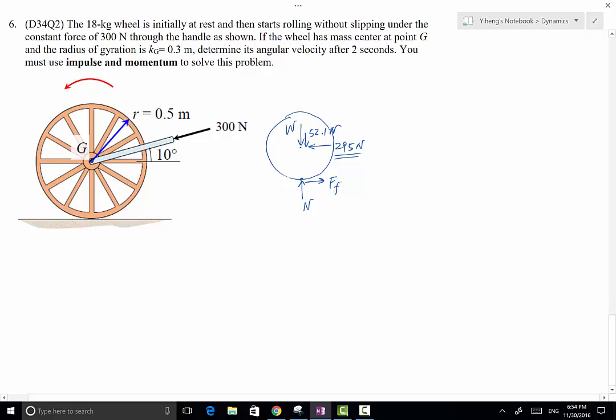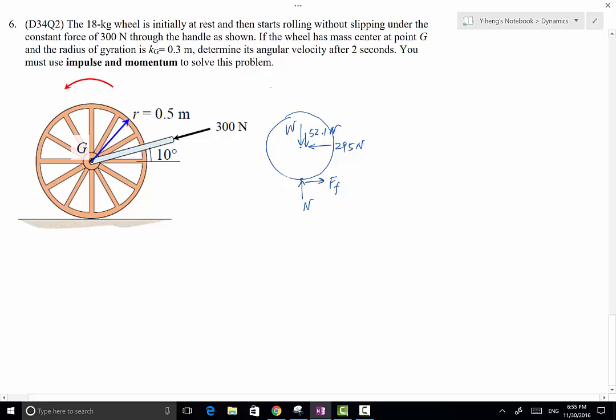If you're not sure about the direction of the friction, just think of it this way. If the frictional force is actually to the left, then you do not have the couple moment in order to create this rotation. It is because the frictional force and this horizontal force are creating this counterclockwise couple moment that the wheel rolls on the ground.